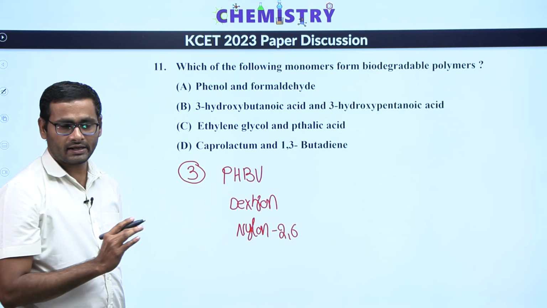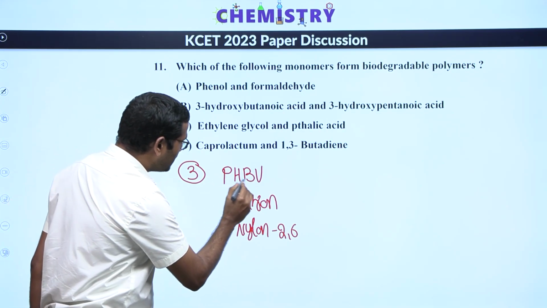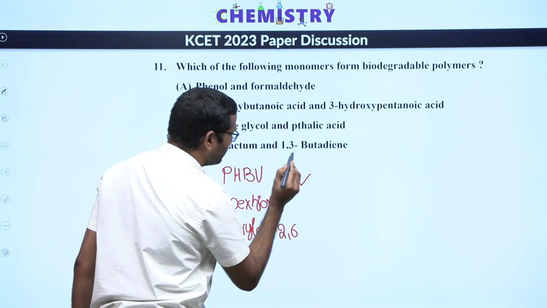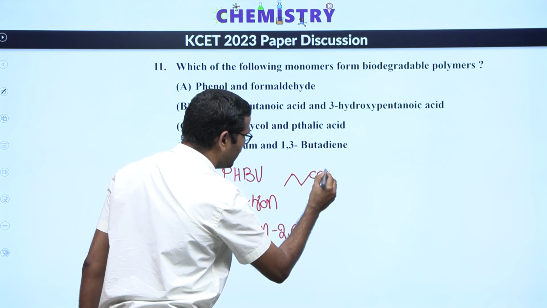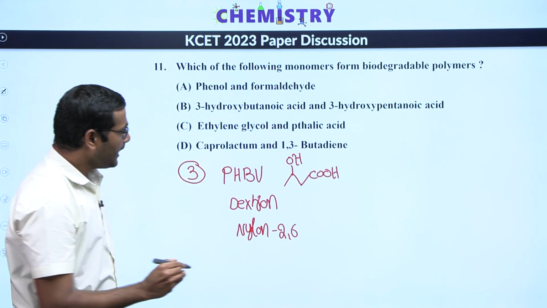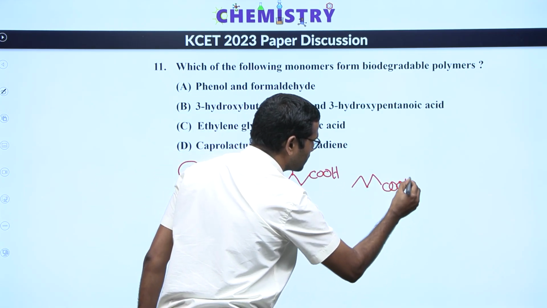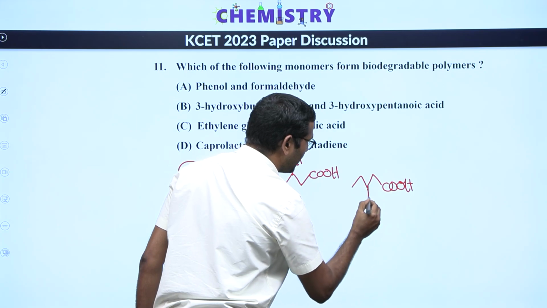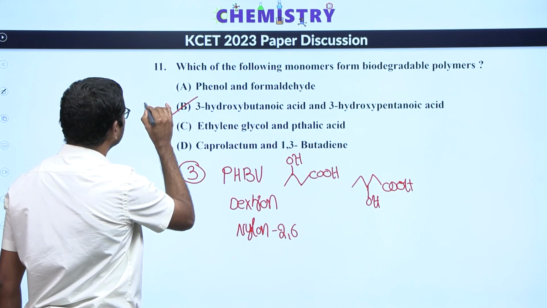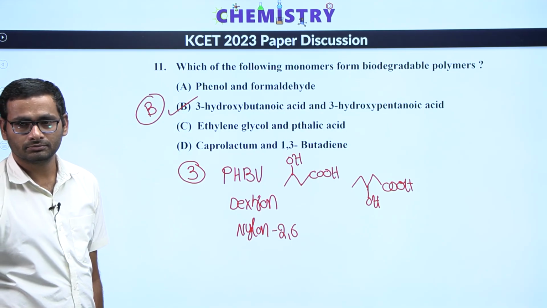These 3 are the only biodegradable polymers. Here PHBV: 3-hydroxybutanoic acid, butanoic acid with the third position OH, and 3-hydroxypentanoic acid, which form a biodegradable polymer. So the answer is B, 11th question.